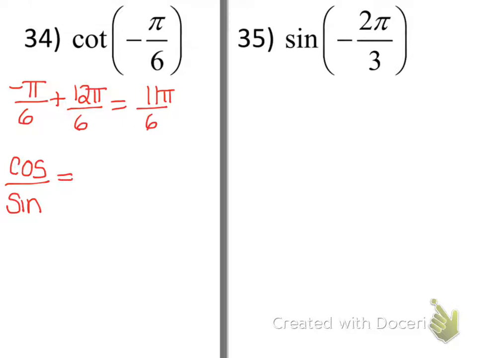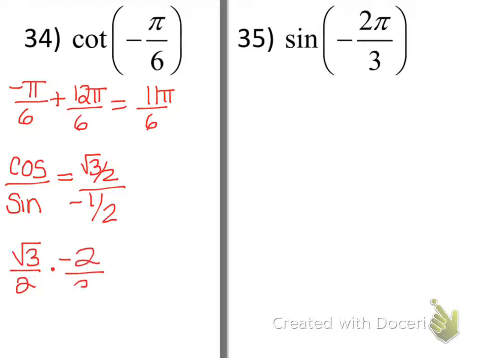So at 11 pi over 6, cosine is root 3 over 2, and sine is negative 1/2. So if we took this division problem and wrote it as multiplying by the reciprocal, we have root 3 over 2 times negative 2 over 1. So the 2's cancel out, except that negative stays, so our final answer is going to be negative root 3.